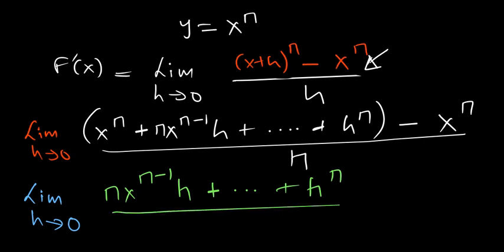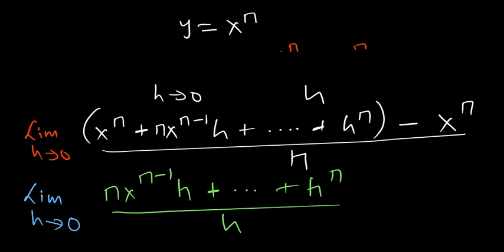This ought to be divided by h. Now I've already explained what's going to happen here. Every single term can be divided by h. So let's try to factorize and see what's going to remain.